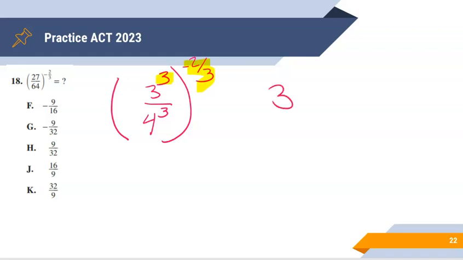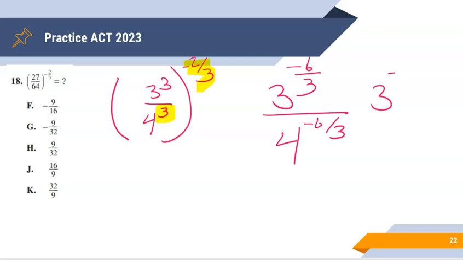So it becomes 3 to the negative 6/3s. And then that would be divided by 4 to the negative 6/3.